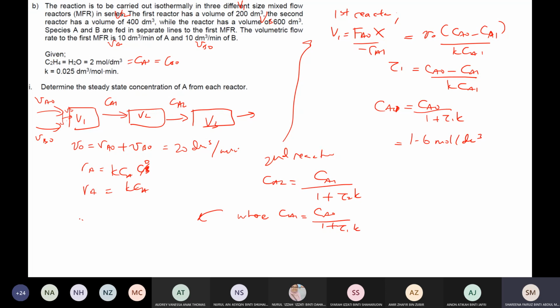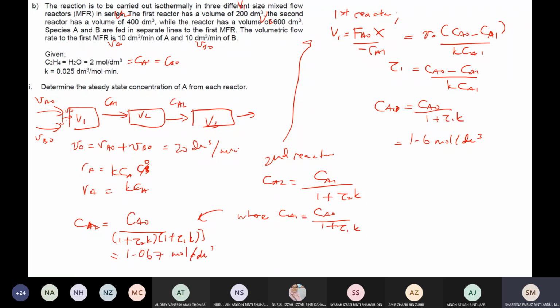So CA2 is equals to, okay, masukkan balik what is CA1. Okay, kalau misalnya you macam tak dapat cukup information ni ataupun you tak yakin dengan ni, you boleh derivekan dia balik. So CA2 is equals to, you arrangekan, you akan dapat CA0 over 1 plus tau 2K, right? Times 1 plus tau 1K. Okay, so masukkan balik equation, you akan dapat this one CA2 is equal to 1.067 mol over decimeter cube.